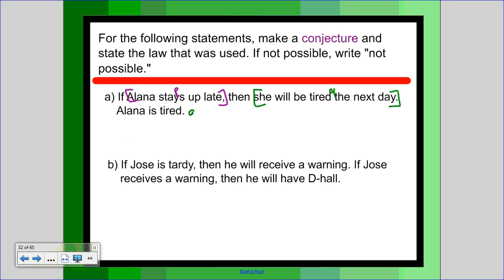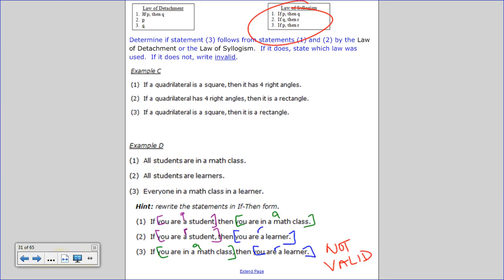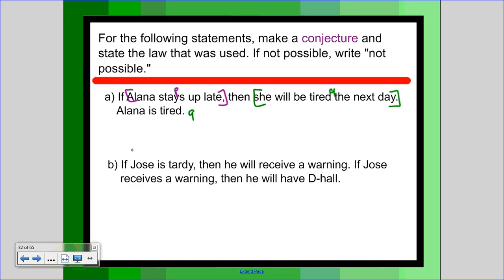So this is Q. It kind of looks like it's law of detachment, but if you remember, let's go back. Law of detachment should go if P then Q, which our first sentence did, then P, then Q. So come back over here. My pattern right now is P, Q, Q, which doesn't follow anybody's law.